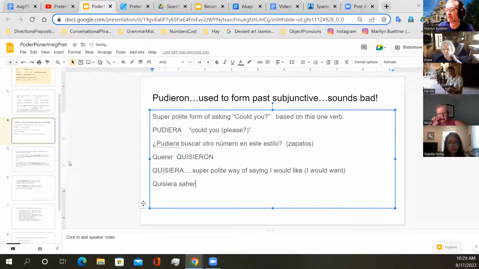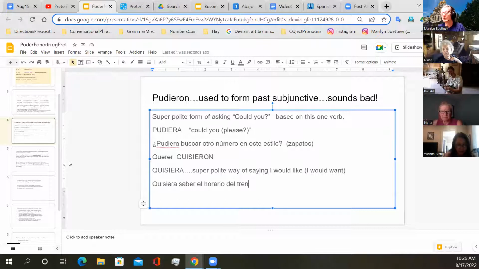Quisiera saber el horario del tren. Let's say you're at a ticket booth and there's no line behind you. And the guy doesn't look particularly friendly. You're reading the body language. If you want to, again, butter them up, make them happy, sound like you're being extremely polite, please, could you help me with this?